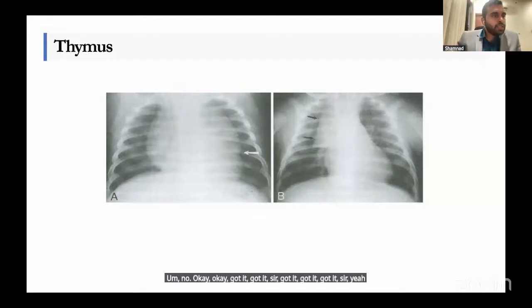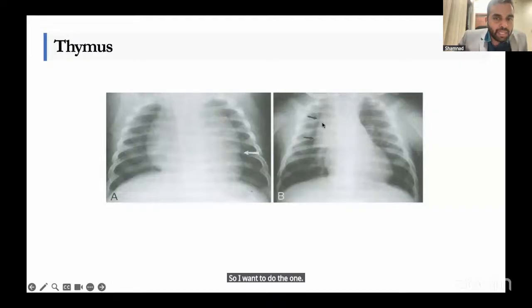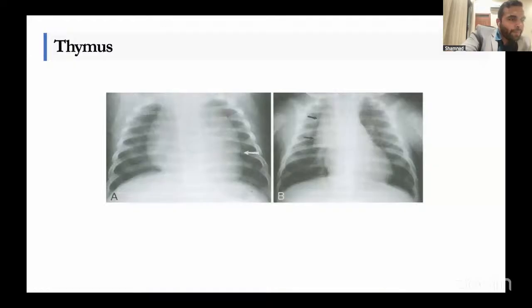Yeah. Okay, so everyone has told sail sign. So I want to know, what is A and what is B? B is sail sign, I agree. What about A? What is A? So it's only sail sign.